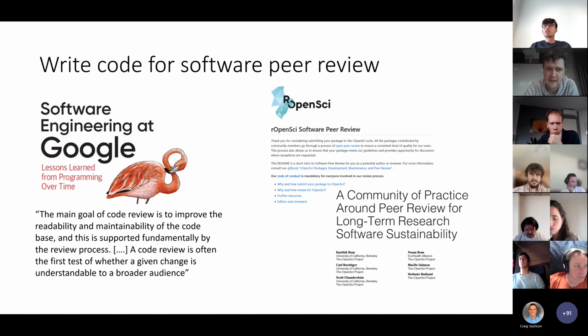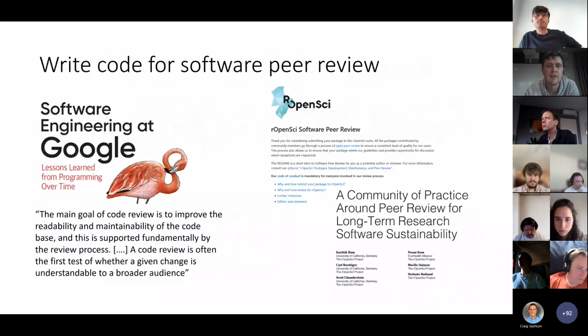So I quite like this idea that the readability and maintainability of the code is supported by the review process, and really making a maintainable base of software means that other people can read and understand it and contribute to it. And there's various links or images here that I've put, but I think the software engineering book at Google has a whole section dedicated to this.